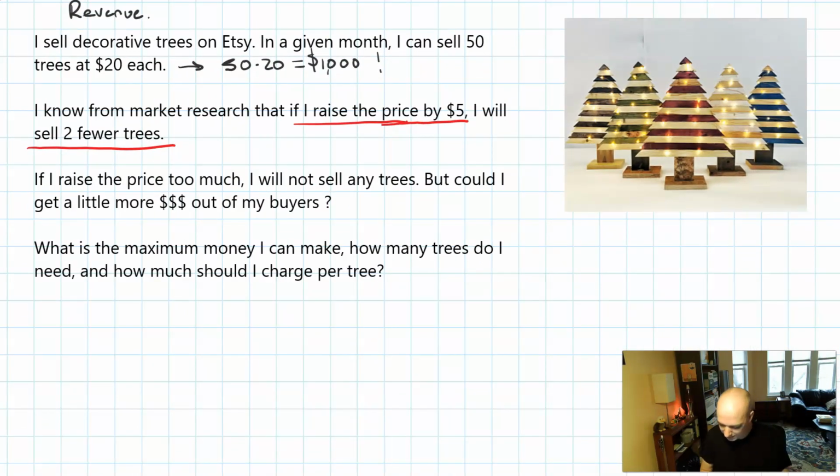So it might help in a problem like this, especially when you're first starting out, to not even try to assign variables, but to just explore the numbers. So let me see. I'm going to make an in-out table. Maybe price, trees sold, and the revenue.